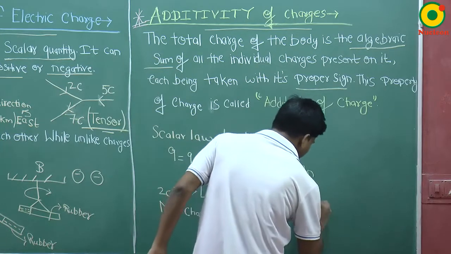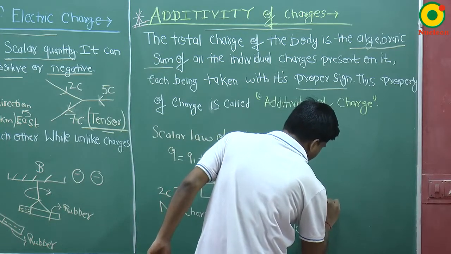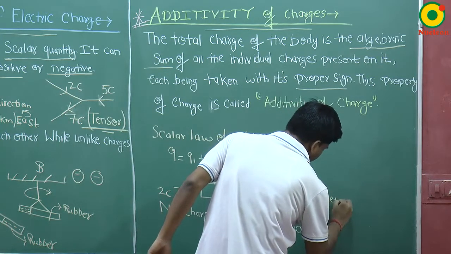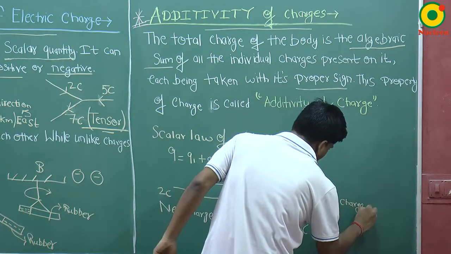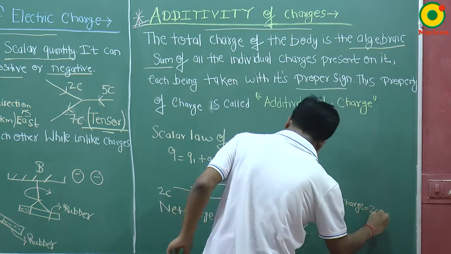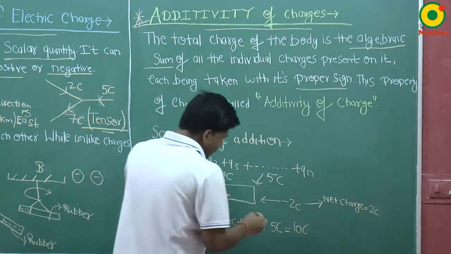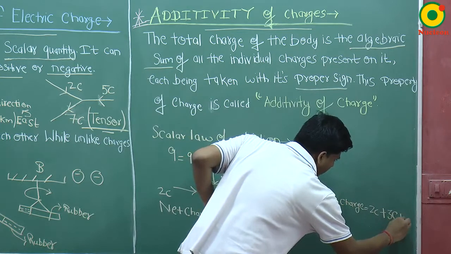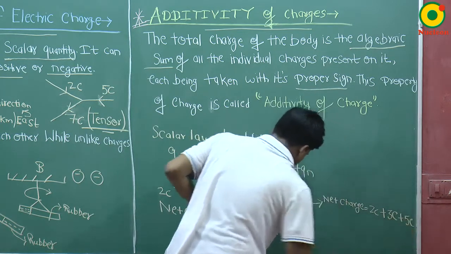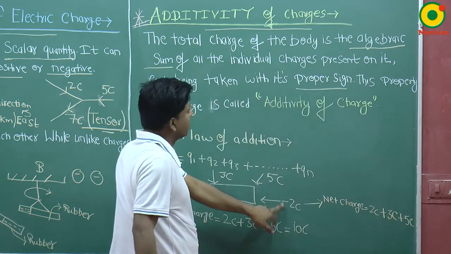In such a case, the net charge will become 2 coulomb from here, 3 coulomb from here, 5 coulomb from here, and minus 2 coulomb from here.